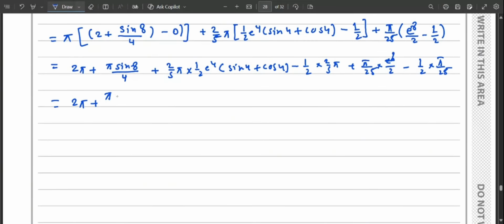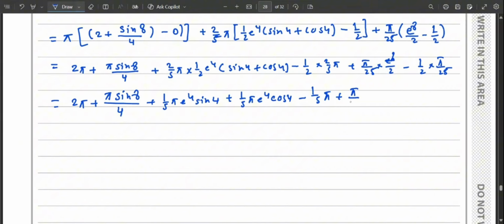So this will give us 2 pi plus pi sine 8 divided by 4 plus 2 by 5 pi into half, which is 2 by 10, which is 1 by 5 pi e to the power of 4 sine 4 plus 1 by 5 pi e to the power of 4 cos 4 minus 1 by 5 pi plus pi by 50 e to the power of 8 minus pi by 50.